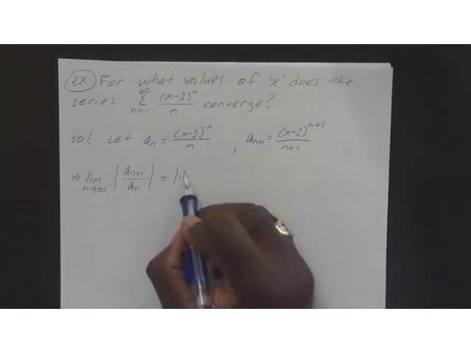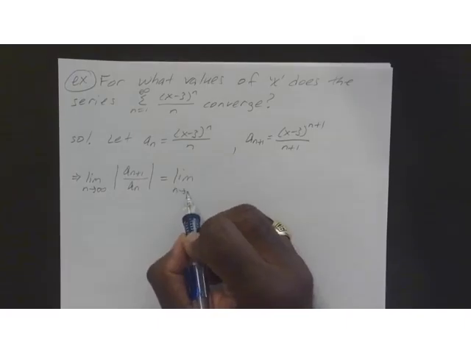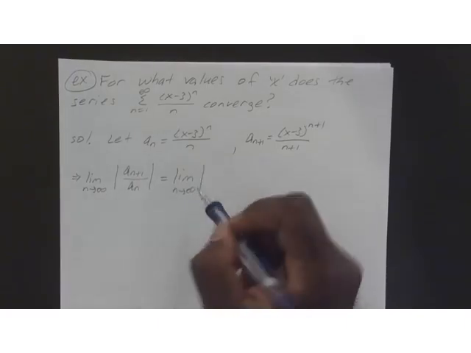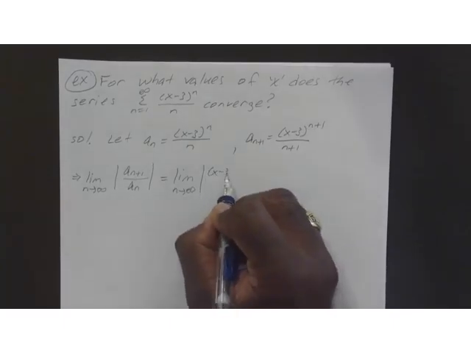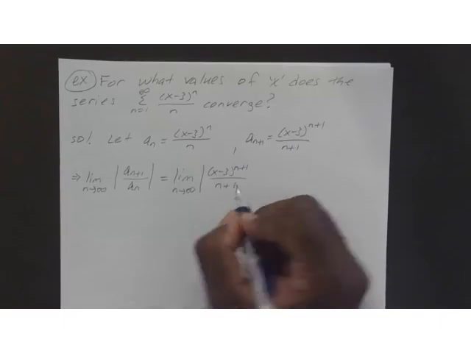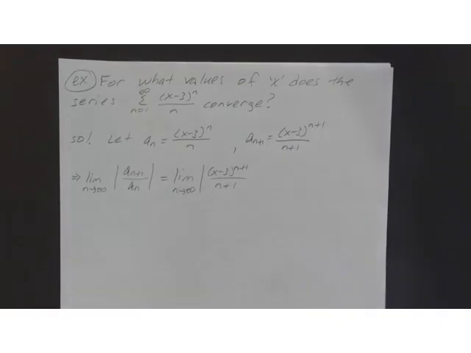Okay, well, that's just the limit as n approaches infinity of your a sub n plus 1, which is x minus 3 to the power of n plus 1 divided by n plus 1. Okay.